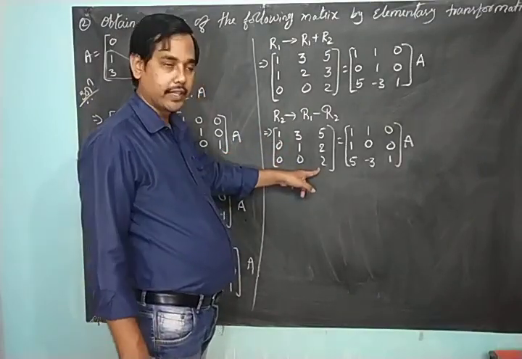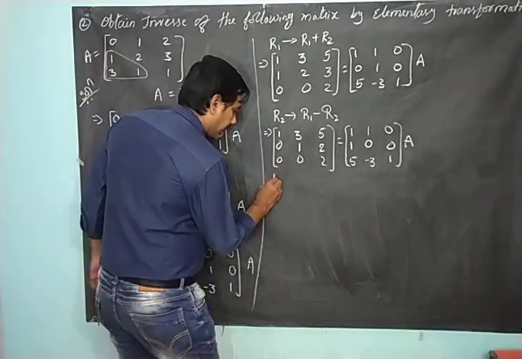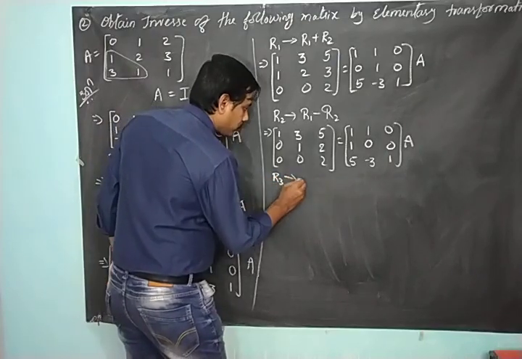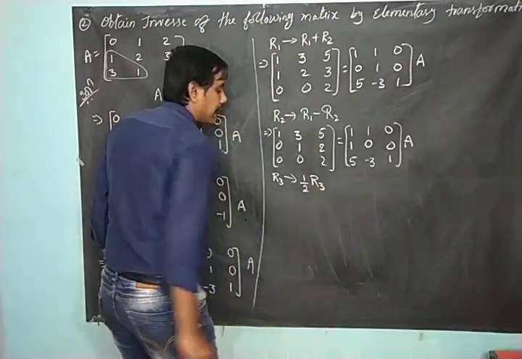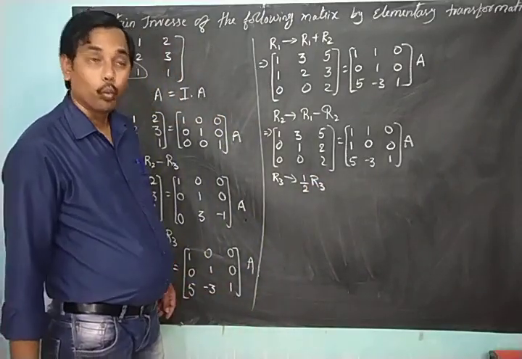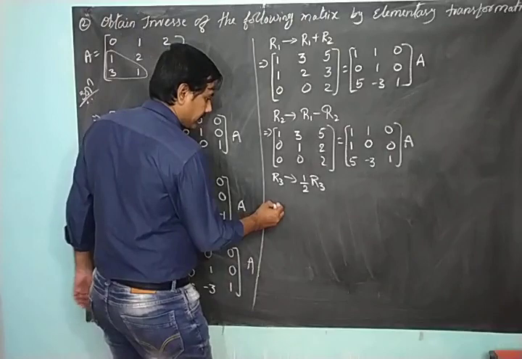So now we got this entire thing as 0. So this should be converted into 1. So I can write R3 changes to 1 upon 2 R3. R3 changes to 1 upon 2 R3. Okay.